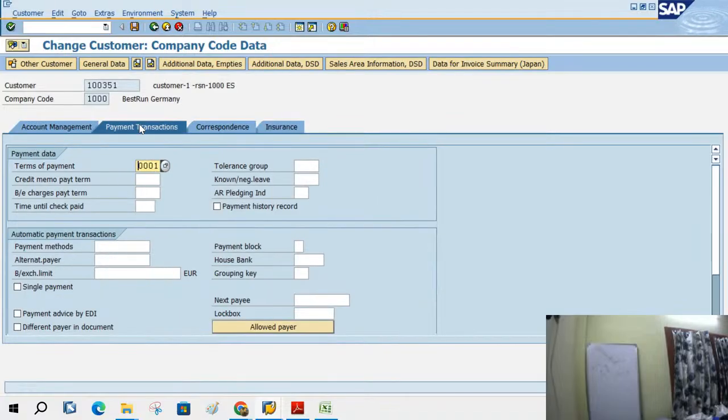Then you write down 2B, payment transaction tab consultant work. In that you are writing define terms of payment. Correct? Now your index is ready, Shamika. Correct?